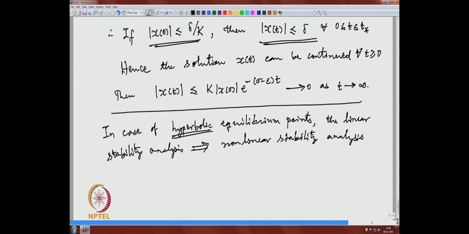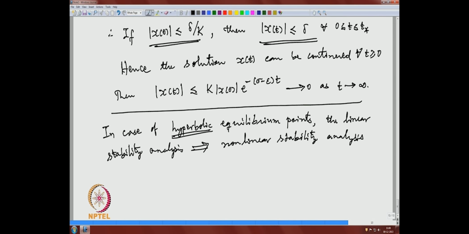So, if the equilibrium point is hyperbolic, then the linear stability analysis will be sufficient to conclude the non-linear stability analysis, and linear stability analysis is much easier because we have explicit formulas and other things.